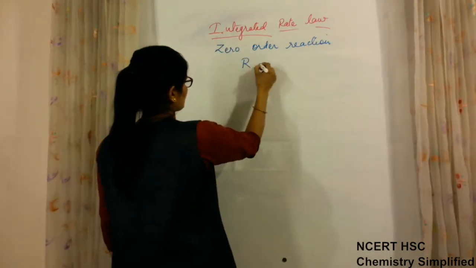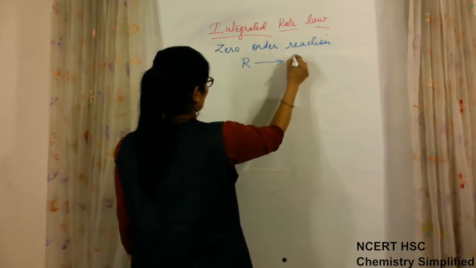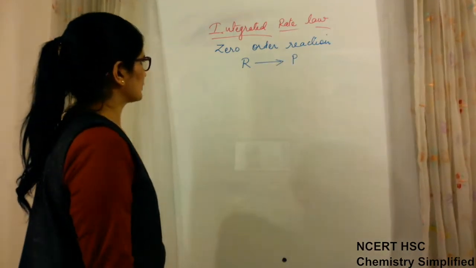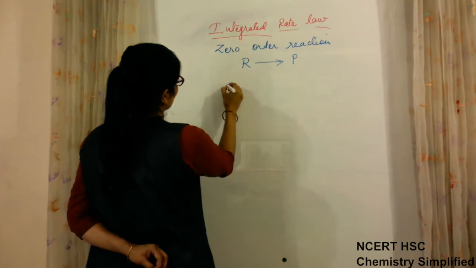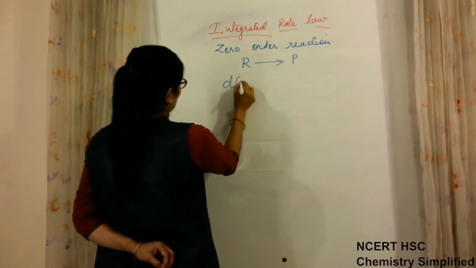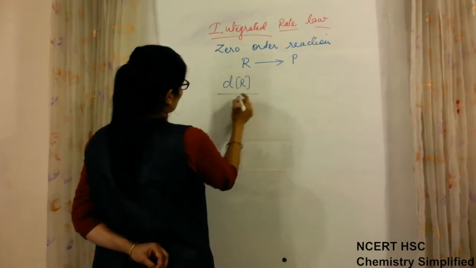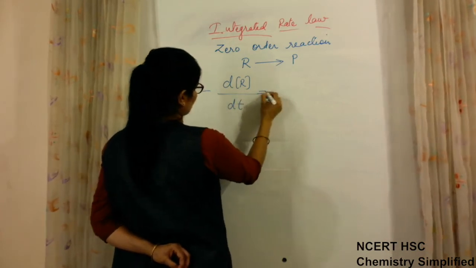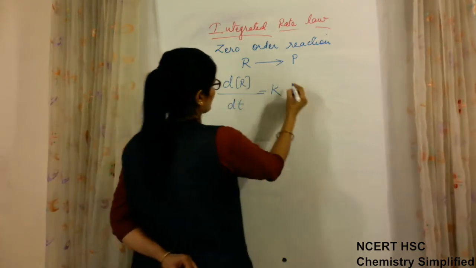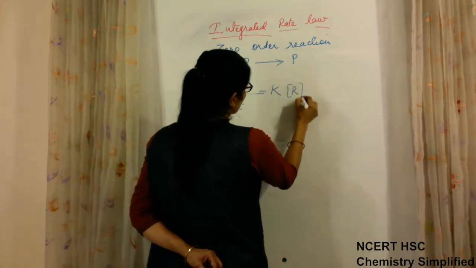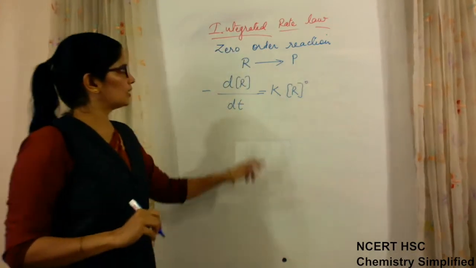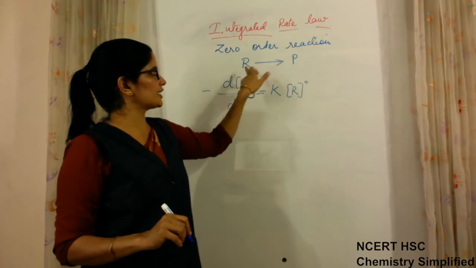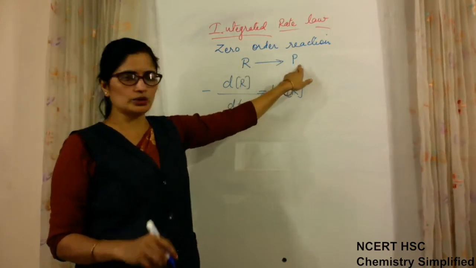Any reaction is there when reactants are converted into product. The rate law in the differential form is written as minus dR by dt is equal to K R raised to power 0. Because this is a zero order reaction, R is converted into product.